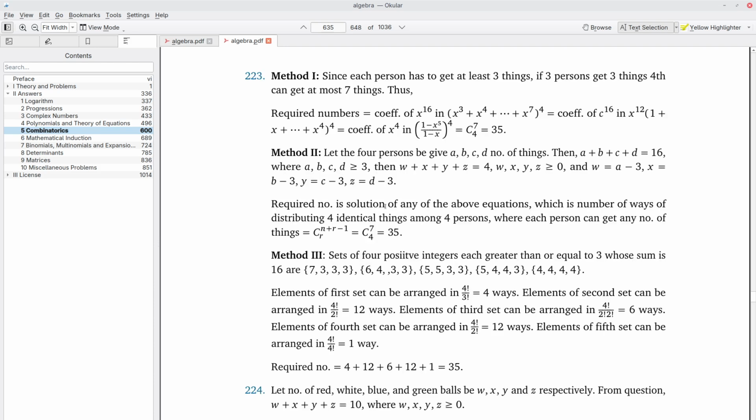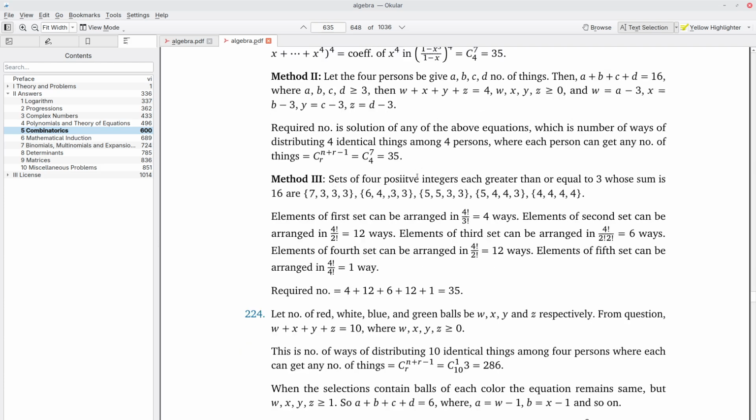So the required number of solutions of the above equation, which is the number of ways of distributing 4 identical things among 4 persons where each person gets any number of things, is (n plus r minus 1)Cr. So r is 4 and n is also 4 here, because we have 4 persons. So that is 7C4 and the result is 35.